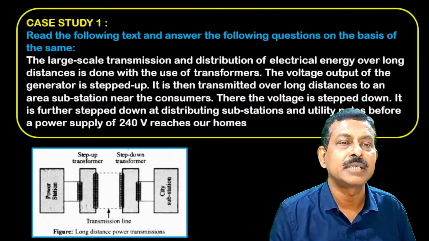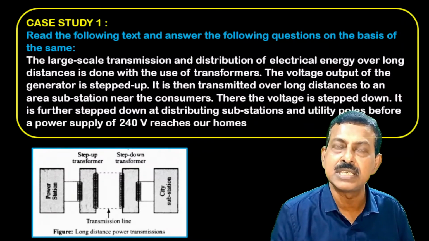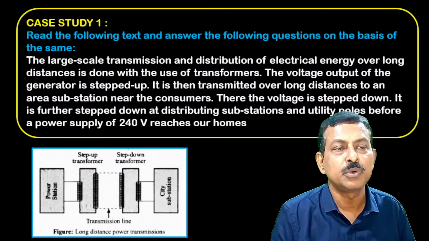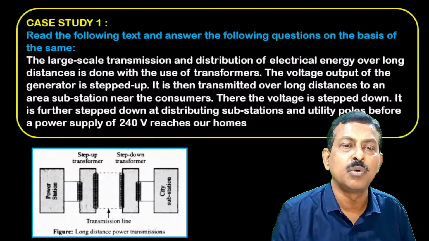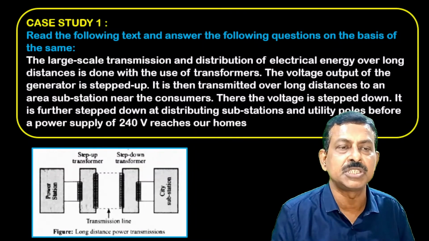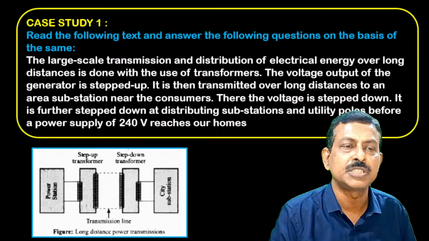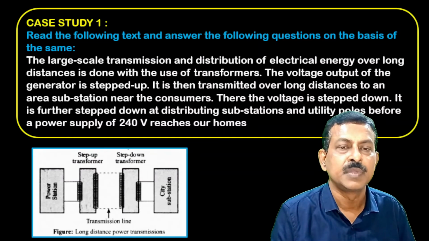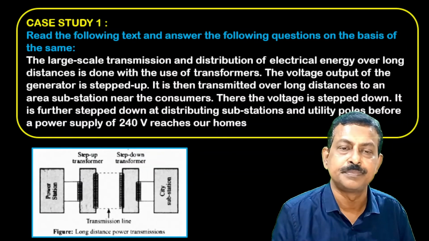The large scale transmission and distribution of electrical energy over long distances is done with the use of transformers. The voltage output of the generator is stepped up. It is transmitted over long distances to an area substation near the consumer. Then the voltage is stepped down. It is further stepped down at distributing substations and utility poles before a power supply of 240 volt reaches our homes.